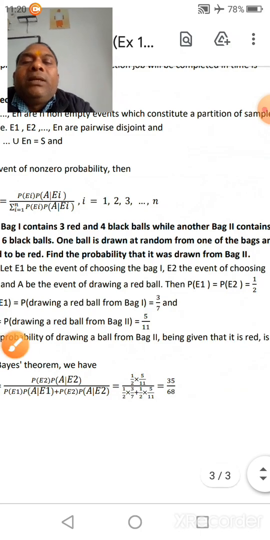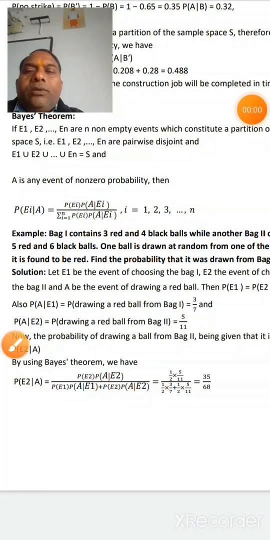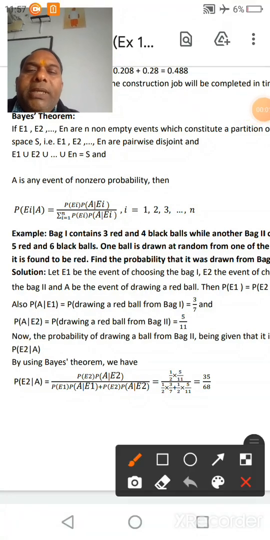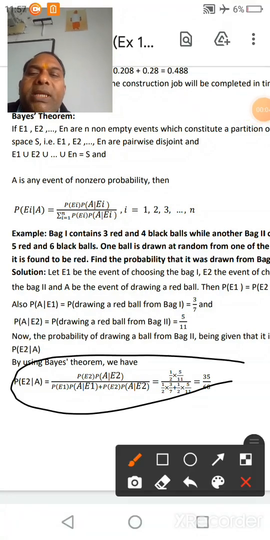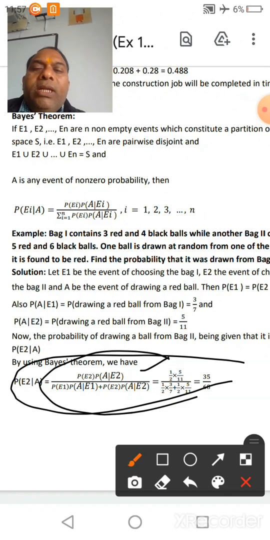According to the question, we have to find P(E2|A). So P(E2|A) is equal to P(E2) P(A|E2) upon P(E1) P(A|E1) plus P(E2) P(A|E2). Put the values and solve, then you have the answer.